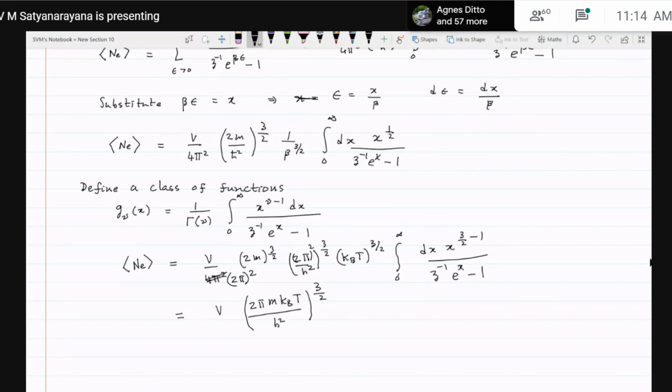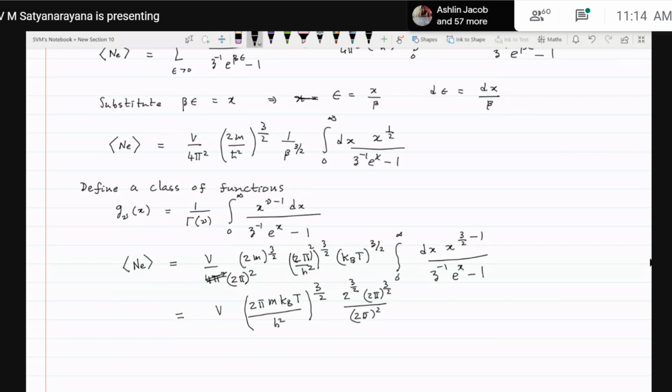So there is a 2 pi here, k_B T here, and m here, and this is h square. Now what remains: from here I have taken only m, so there is 2 to the power 3 by 2, and another 2 pi to the power 3 by 2, and I have 2 pi the whole square.